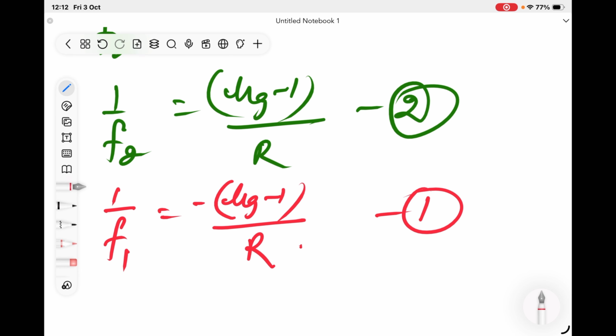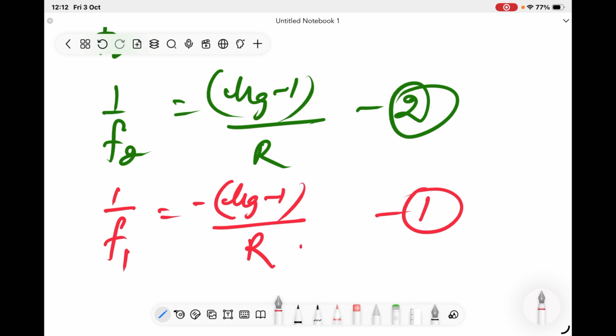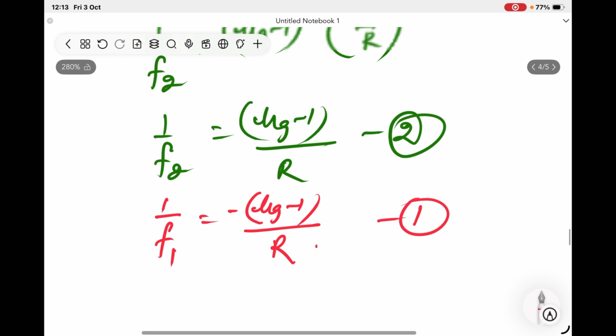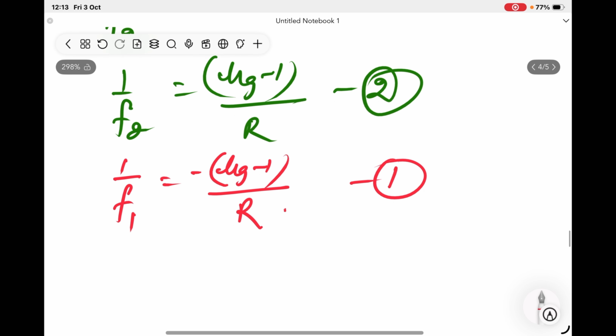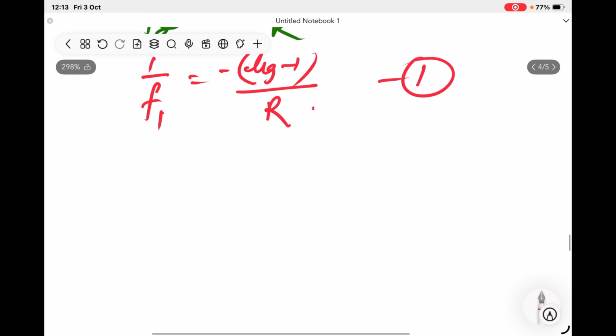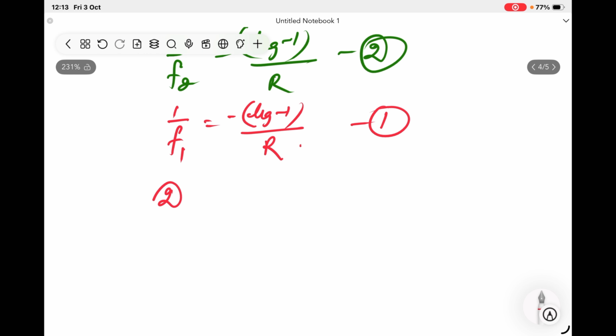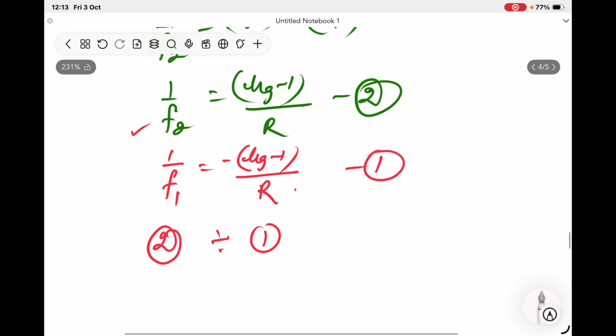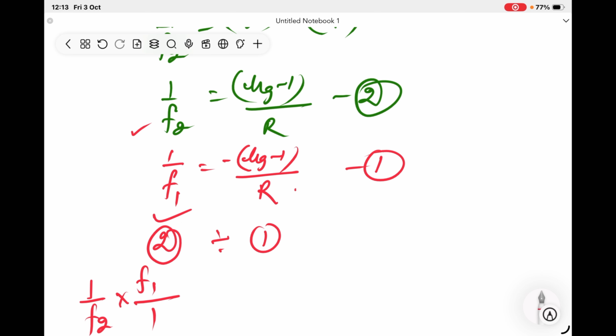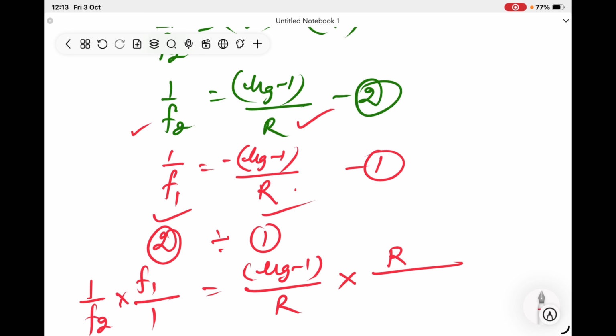Now I will divide both. Let us divide 2 by 1, as you wish. So 1 by F2 is written as it is, mu G minus 1 upon R, and equation 1 is written inverted, that means R upon minus mu G minus 1.